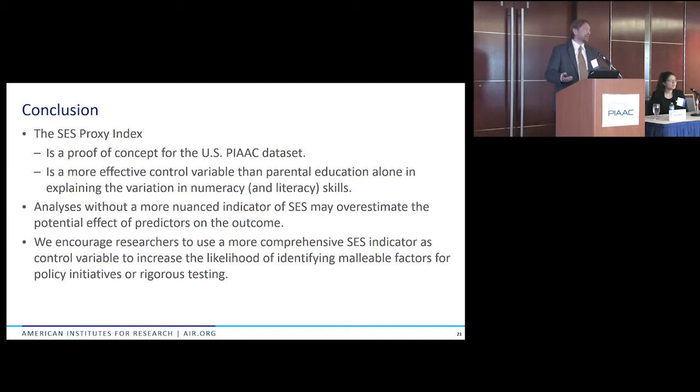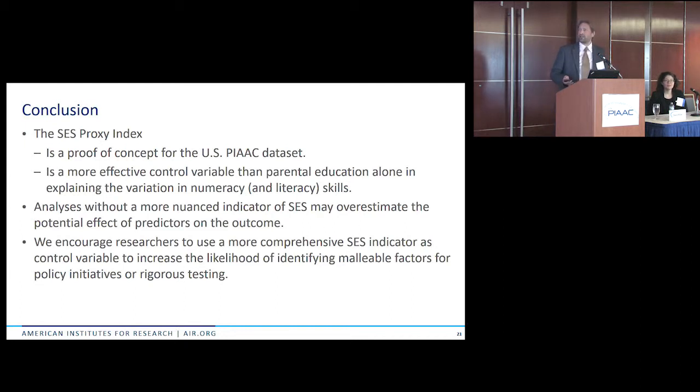So that's kind of the reason why we want to do this and why we try to encourage researchers to use a more comprehensive measure of SES. We don't have a good research question or a substantive outcome question where we can prove this, but based on previous work that we did with NAEP, we know very well that when you use a wider measure of SES, some of the predictor variables that before appeared to be significant and have a much larger effect when you just use parental education, this relationship becomes much smaller and the significance disappears.